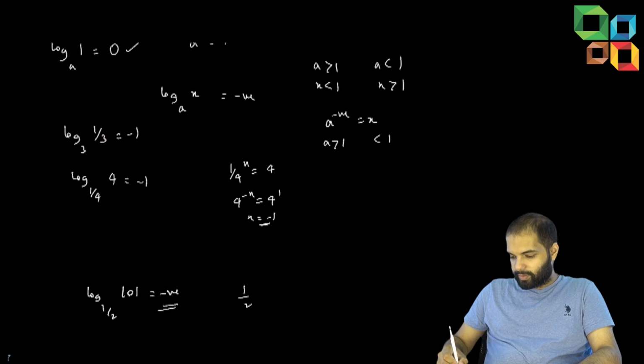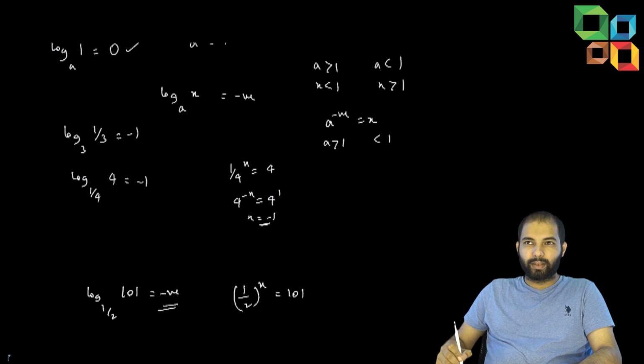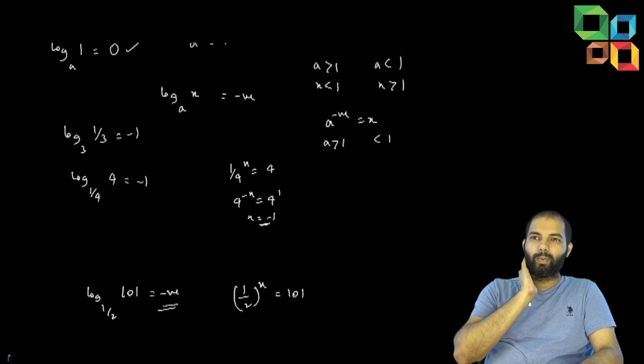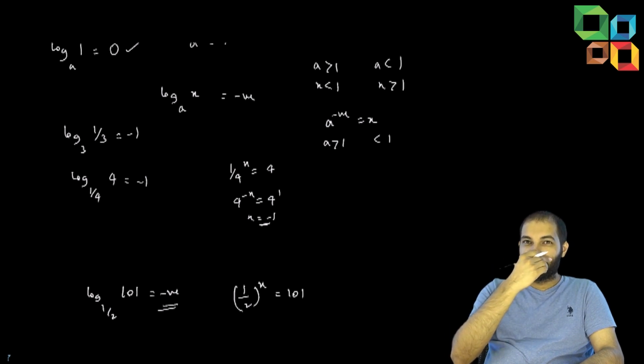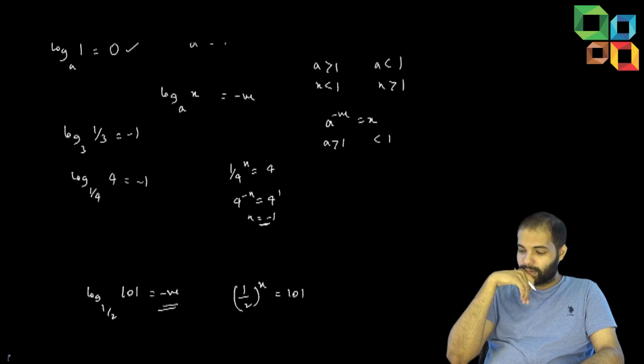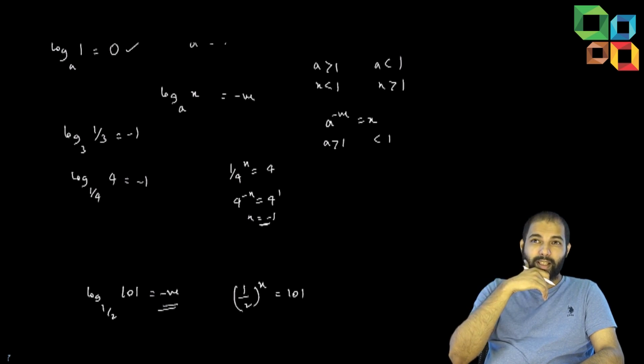So let's see, half whole power x is equal to 101. Isn't this what we are trying to figure out? For a positive number, can you get 101? No way, right? So the only way I can get 101 is negative.